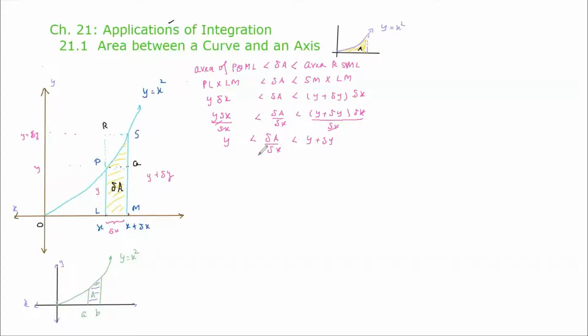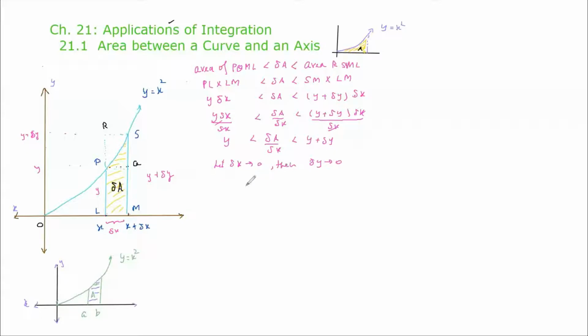So in this case, if we let delta X equal 0, then delta Y approaches 0 also, correct?